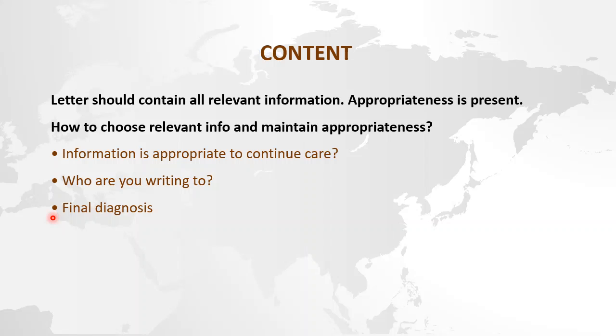When you ask yourself these three questions before choosing any information, it will be easier for you to select the relevant information. For example, if a patient comes to you whose diagnosis is diabetes mellitus, and you're writing a referral to an endocrinologist, and the case note says that the patient's father has a history of myocardial infarction, his sister has a history of diabetes mellitus, and his mother has a history of depression.